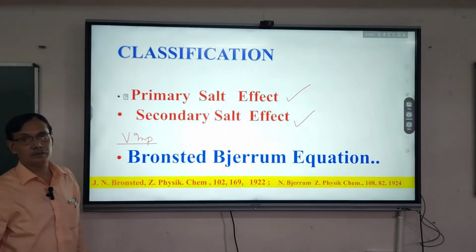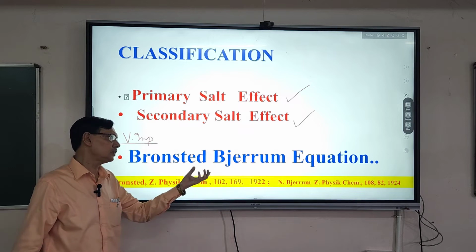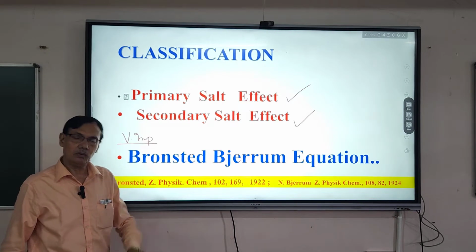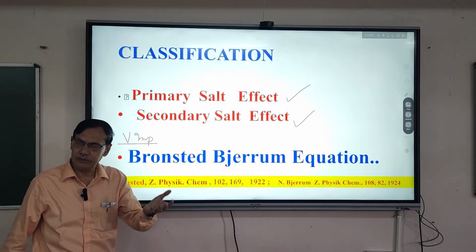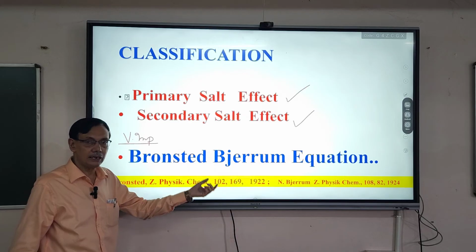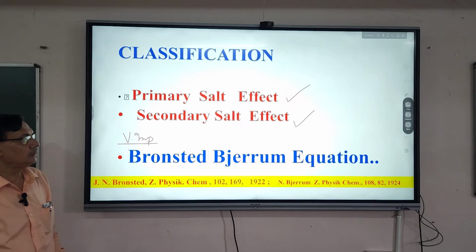That is called the Bronsted-Bjerrum equation. So either you can call it primary salt effect or secondary salt effect, or derivation of the Bronsted-Bjerrum equation. Why is it called Bronsted-Bjerrum equation?